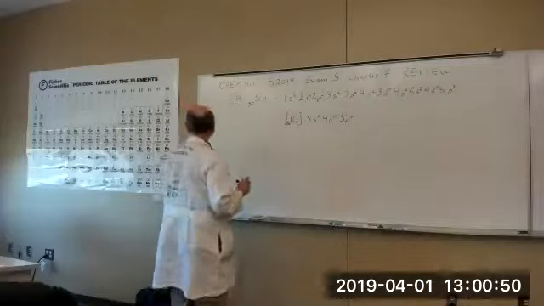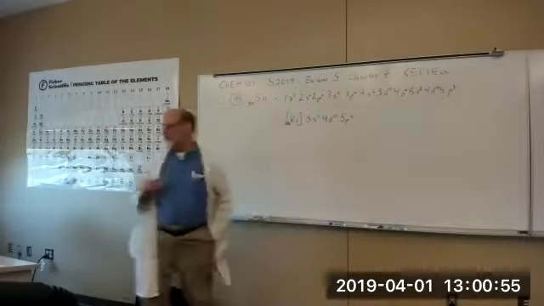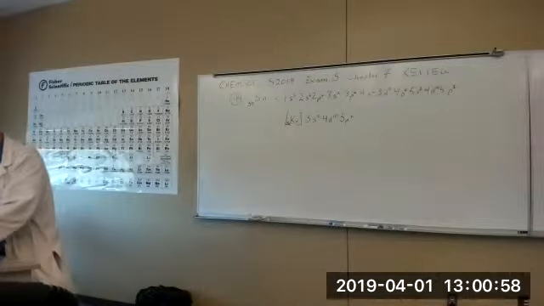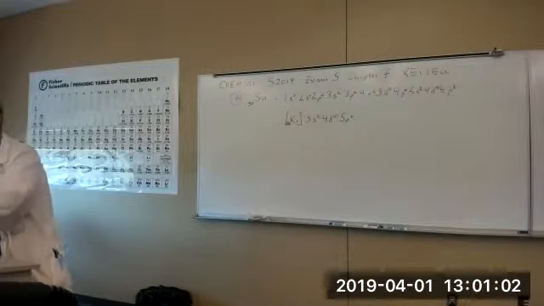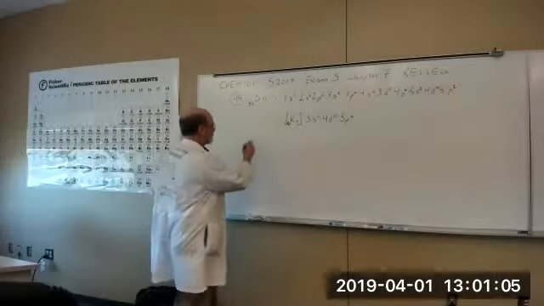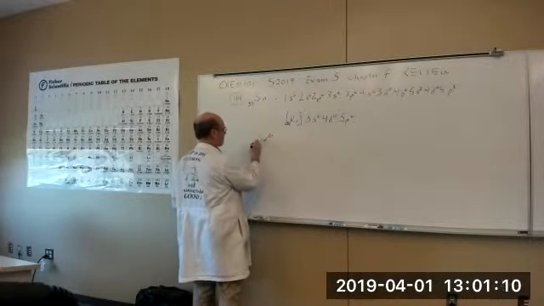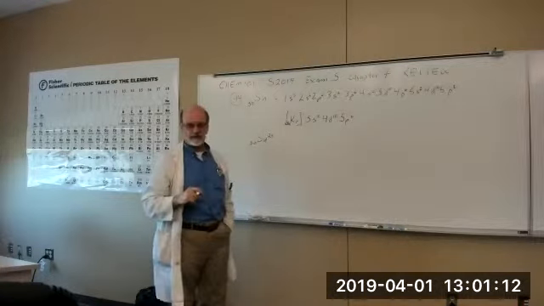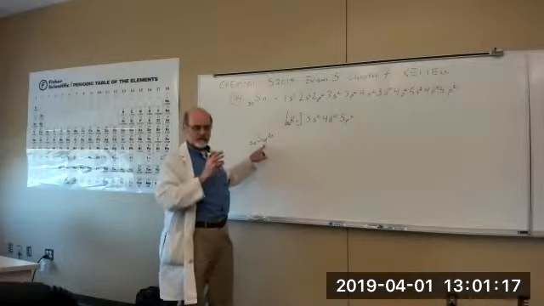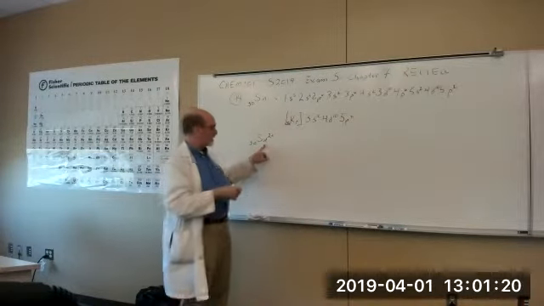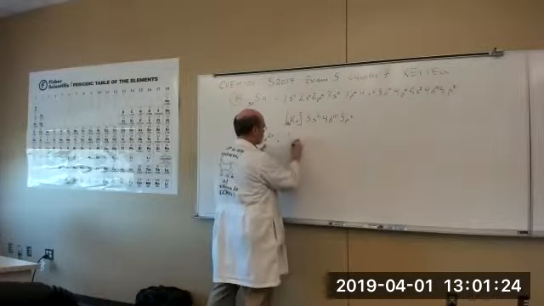Okay, what happens if we take tin? I think one of the possible charges on tin is 2 plus. Let me check to be sure. Yeah, it'd be 2 plus or 4 plus. So let's say we have this one. How would you write the electronic configuration for that? Well, you get there by taking the highest energy electrons away until you find that balance.